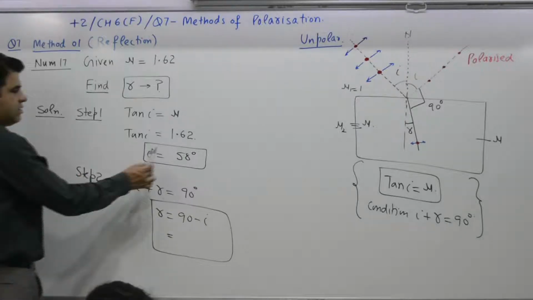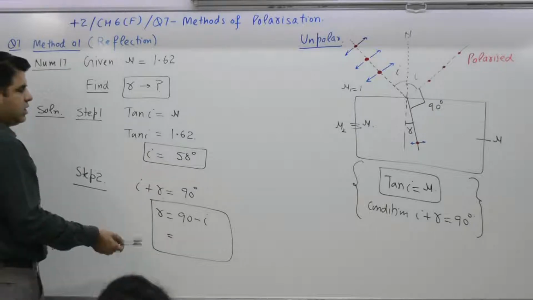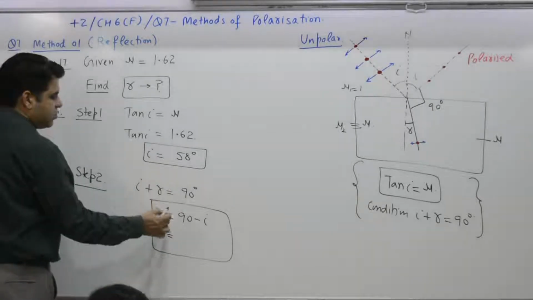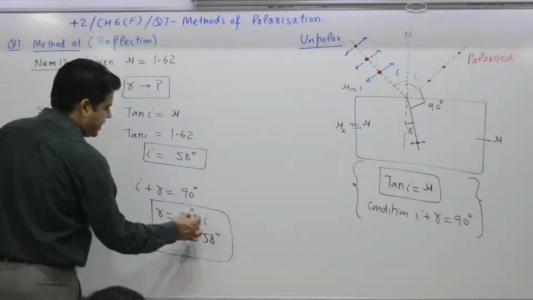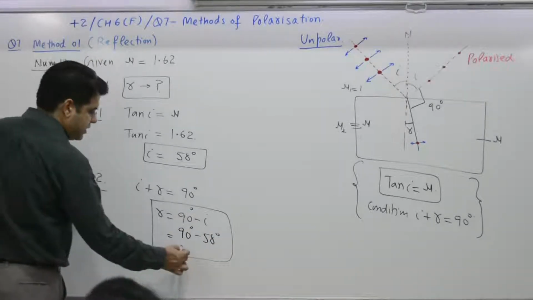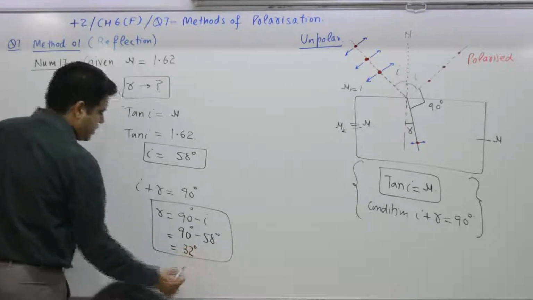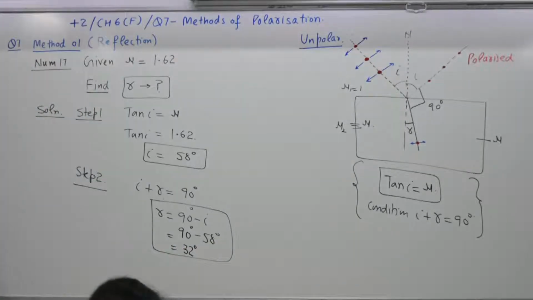It is 58. You will have to get it from the table, no other way. Once you find I is approximately 58, it is 90 degree minus 58 degree comes out to be what? 32 degree. Approximate answer is 32.